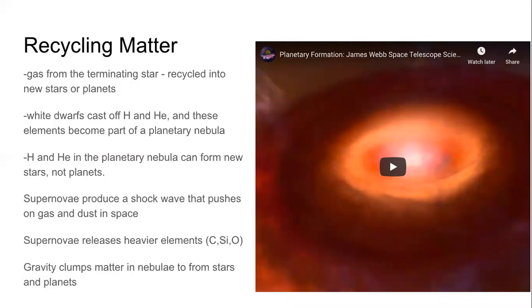Gravity clumps the matter in nebulae to form stars and planets. So gravity clumping together this dust and matter that gets formed in nebulae does end up forming stars and/or planets. Let's take a look at this video.